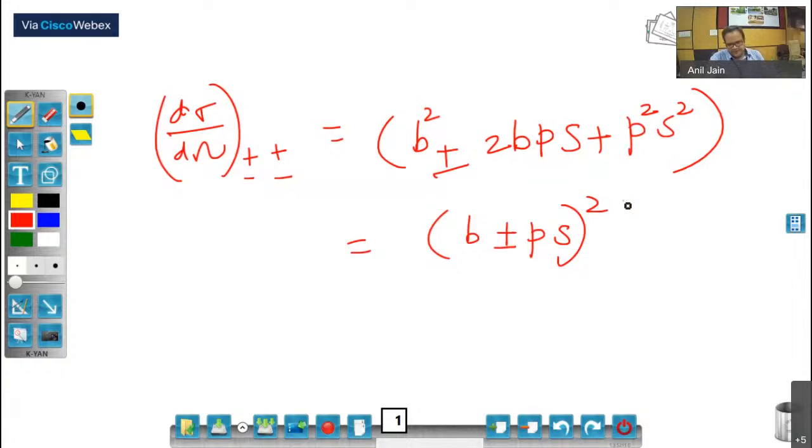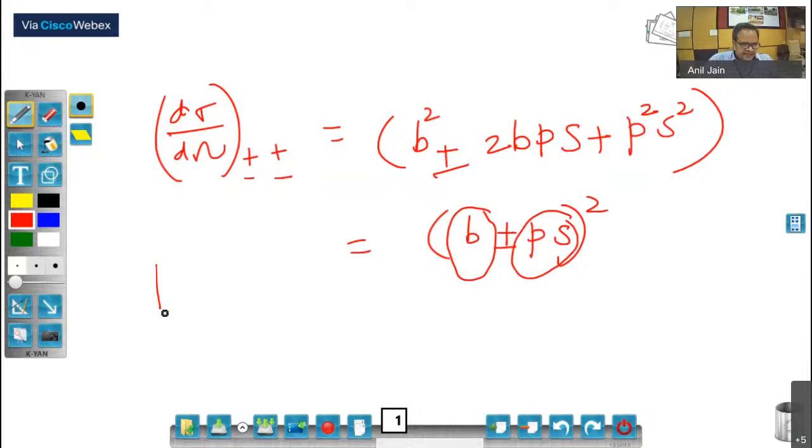Suppose now I have some special crystal for which the coherent neutron nucleus scattering length B is equal to PS, the magnetic scattering length.